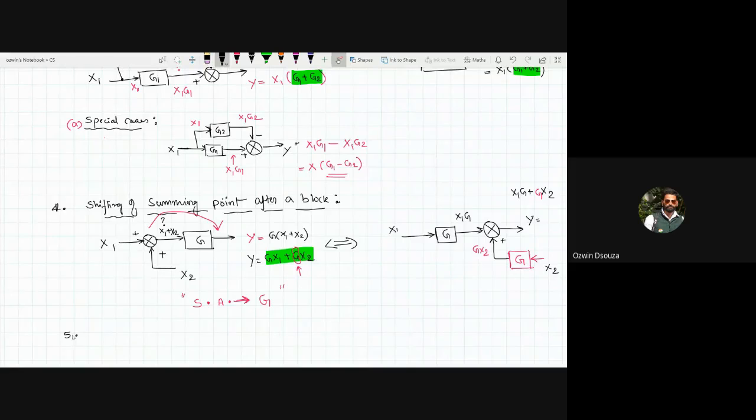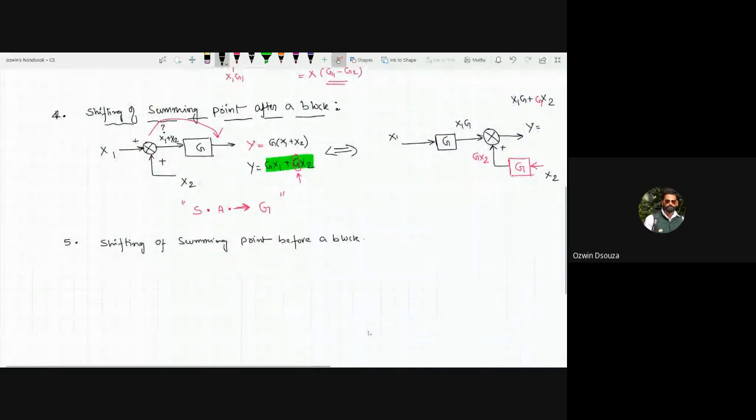Rule number 5 will be the vice versa condition of rule number 4. That means, what if you were to shift a summing point before a block? So let us write: shifting of summing point before a block. Before or ahead, one and the same.